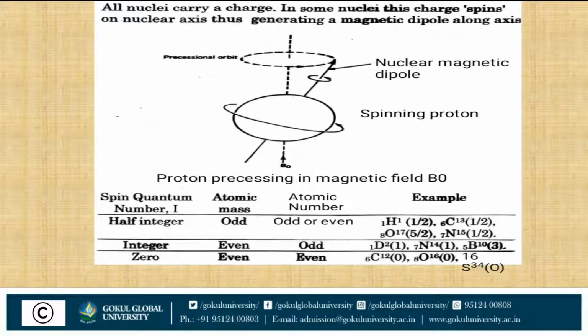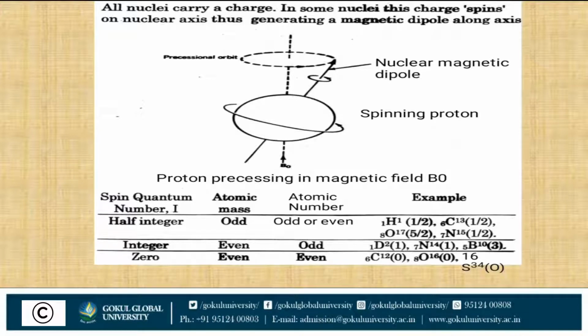So here the nucleus proton is present in the magnetic field B0. If the magnetic field is present, then the proton spins and produces a nuclear magnetic dipole.